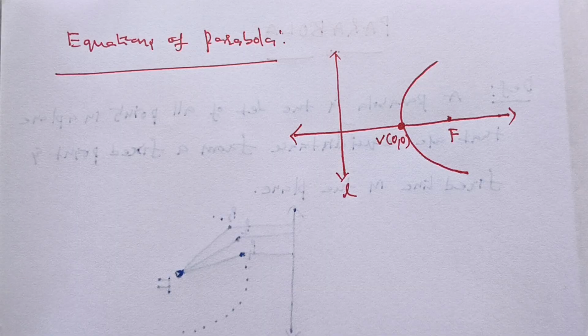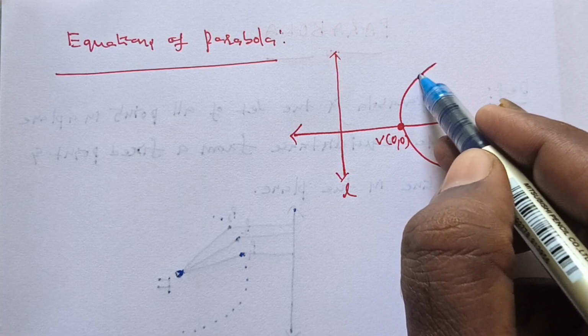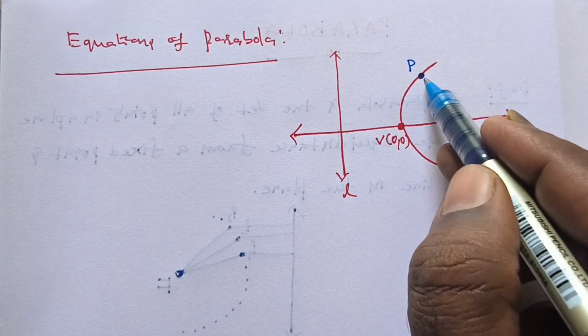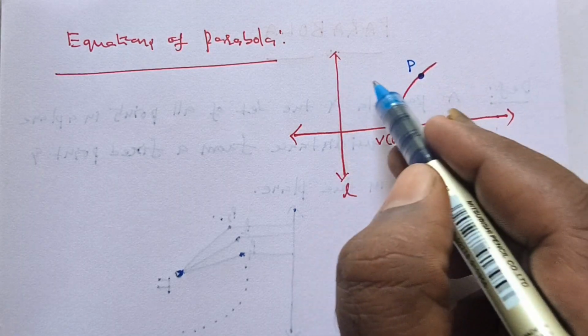Now we assume any point P in the set of all points on the plane, which is equidistant from the fixed point and the fixed line.